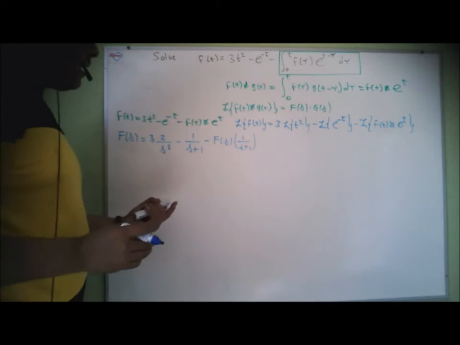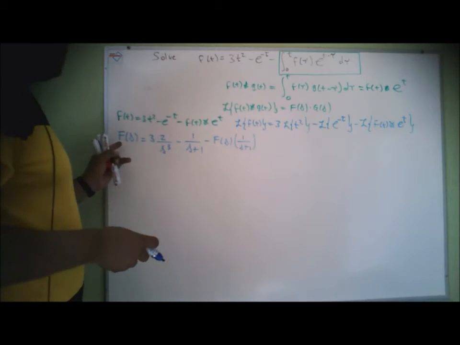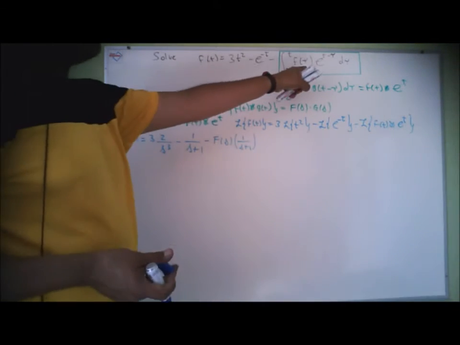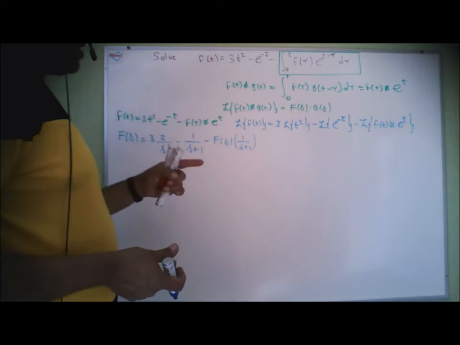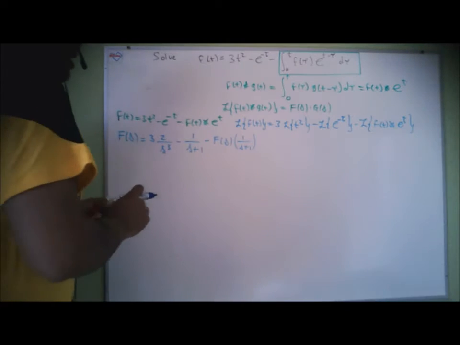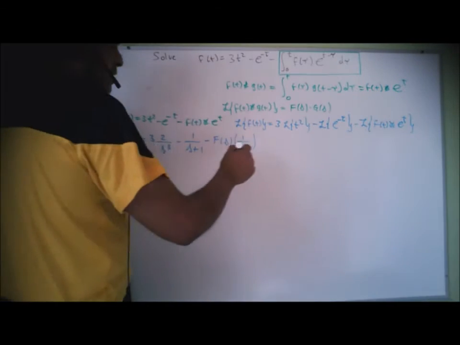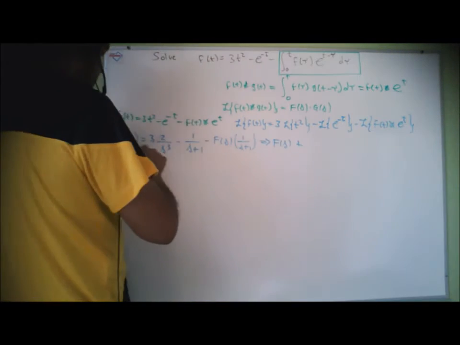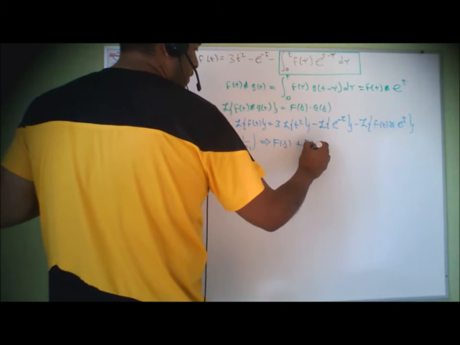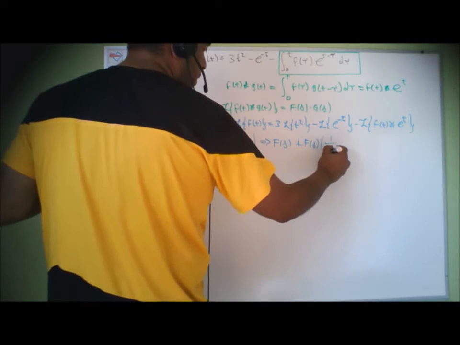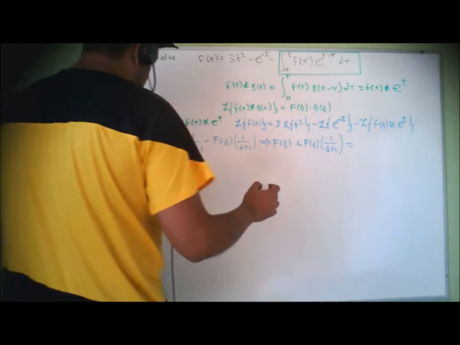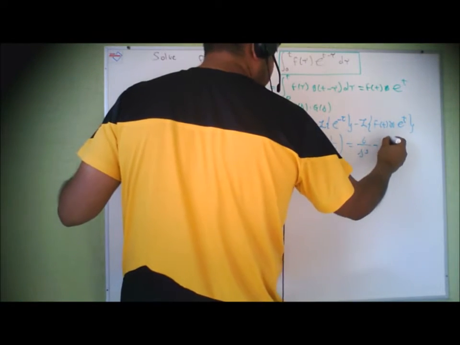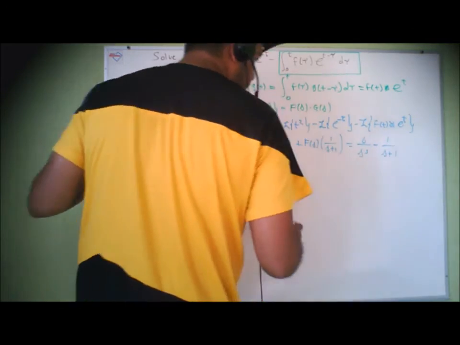Now, in the s domain we can factorize the F of s. It is possible, whereas in the t domain you cannot factorize the f of t. Now we are going to pass this to the other side. So F of s plus F of s times 1 over s plus 1 is equal to 6 over s to the power of 3 minus 1 over s plus 1.